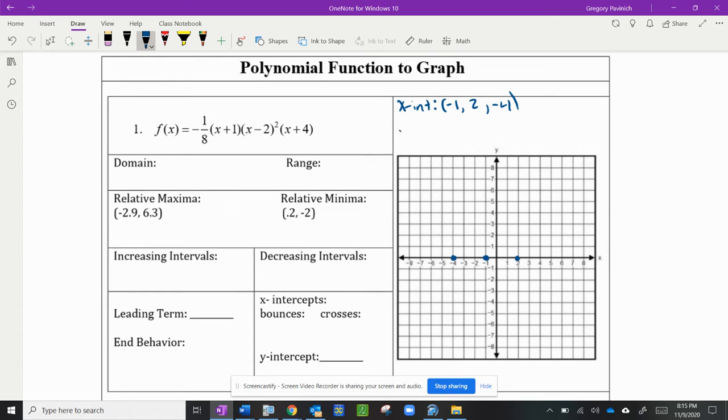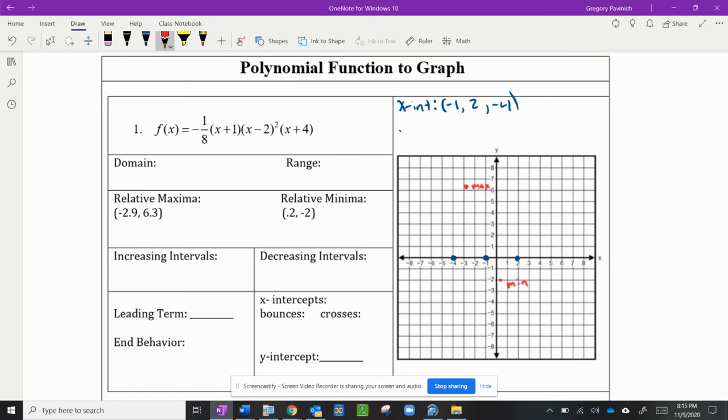I also have a max that you might want to label, at negative 2.9, almost 3, 6.3. I might label that max just to remind myself. And then I have a relative min at 0.2, -2. That's my min.